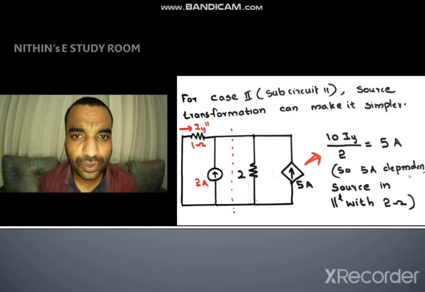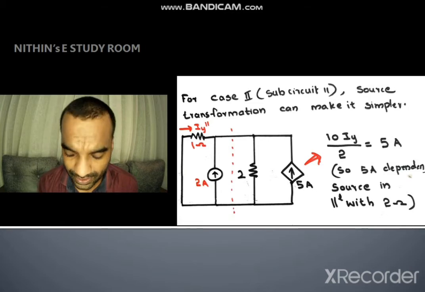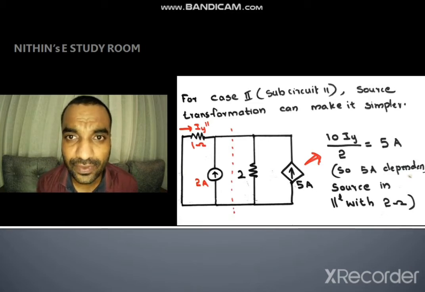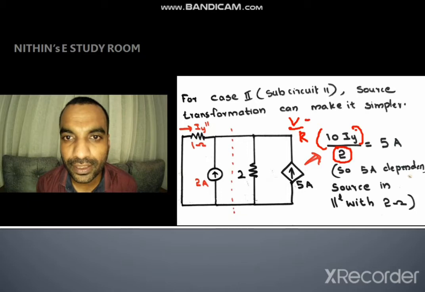So here what happened? Previously it was a voltage source of 10 IY in series with a resistance of 2 ohm. So you are doing V by R to find the current.